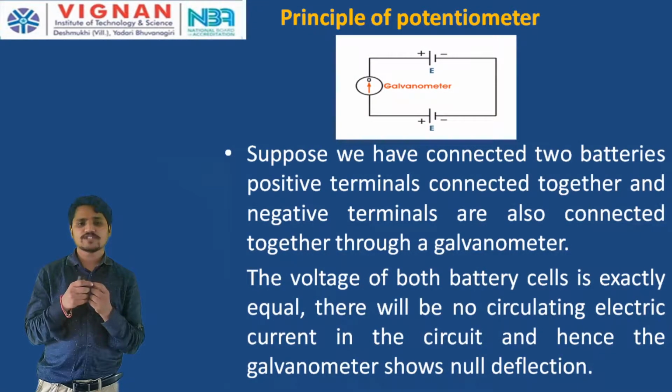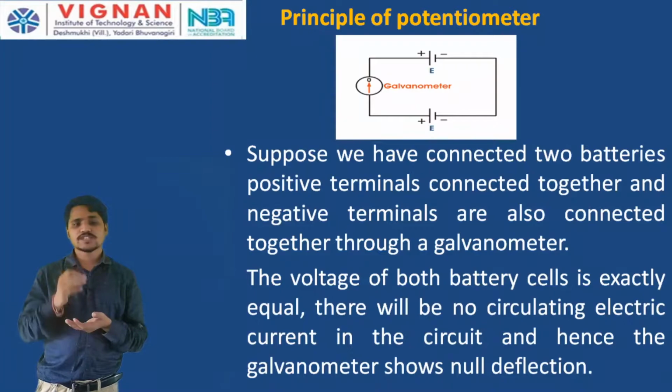So what is the idea about this potentiometer? Whenever the two voltages are equal, there is no current flowing between them, because if the voltages are equal, the potential difference between them is zero. Therefore, if there is no potential difference, no current flows through the galvanometer. So the galvanometer will give you the null deflection. This is the principle of operation of the potentiometer.